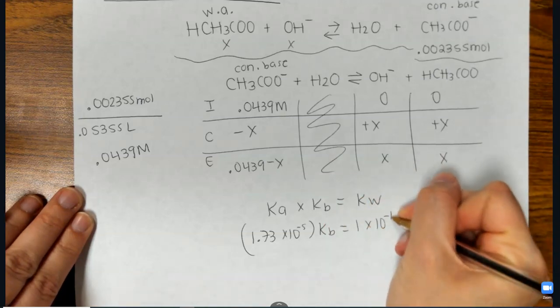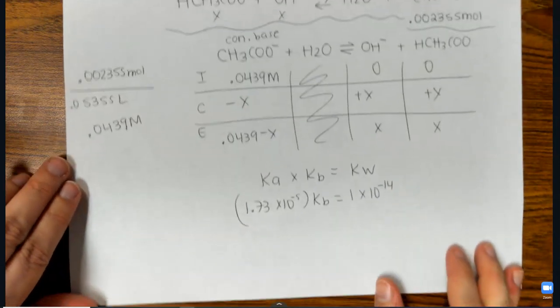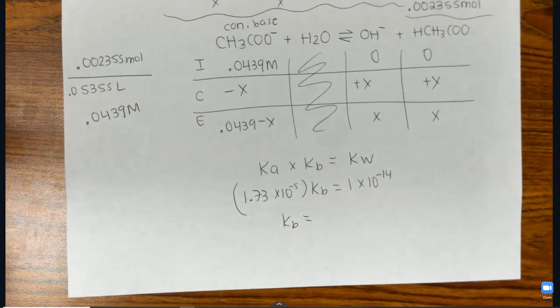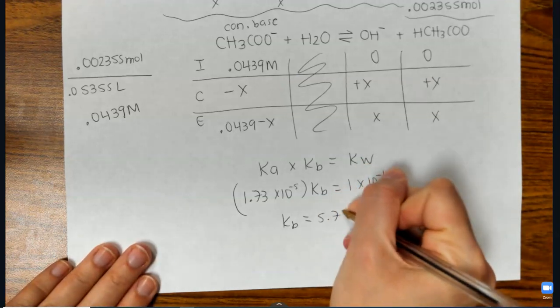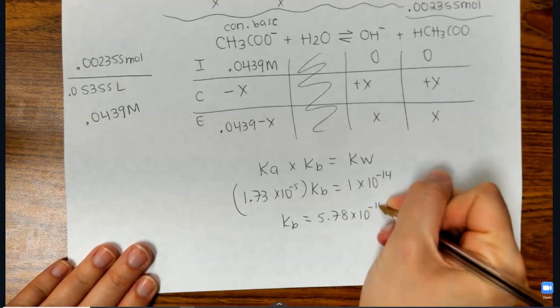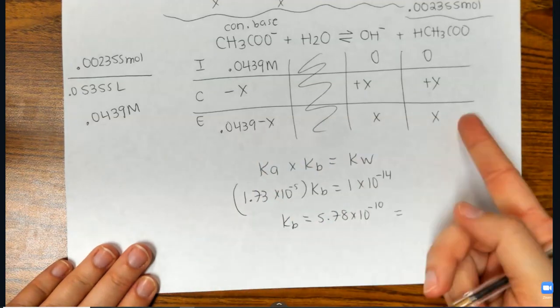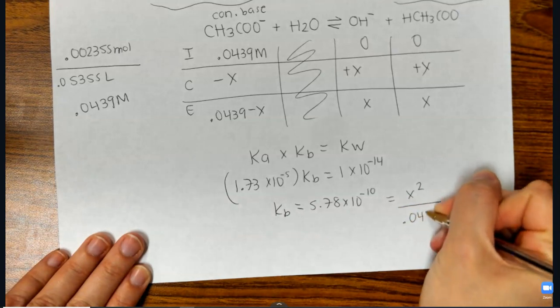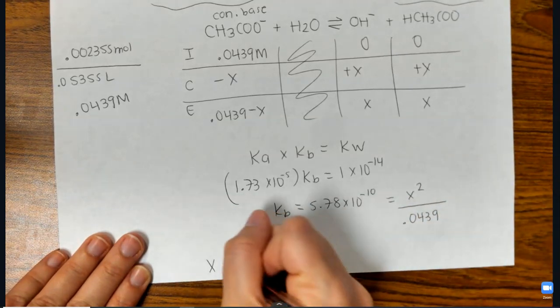And so anytime you multiply Ka times Kb, it equals water's equilibrium constant, which is that. And so that gives me that the Kb for this is 5.78 times 10 to the negative 10. And I can set my E row equal to that. X squared over 0.0439.